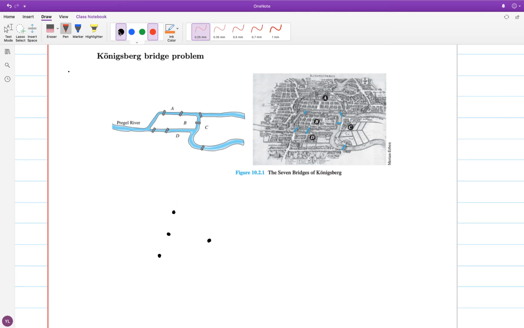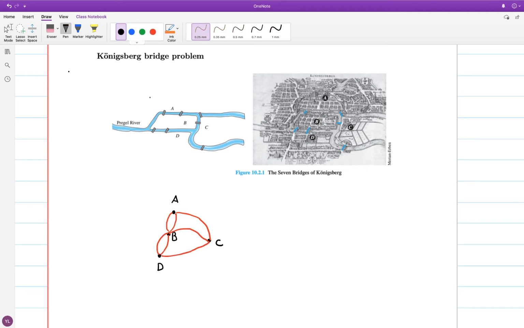So if this dot down here represents landmass D, and the middle is B, the top is A, and the right is C, then there are two bridges from D to B, two from B to A, one from A to C, one from B to C, and one from D to C.